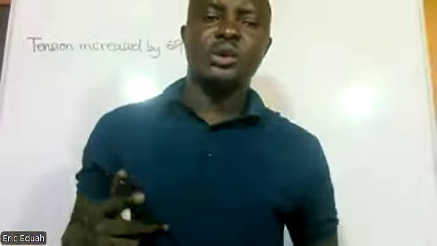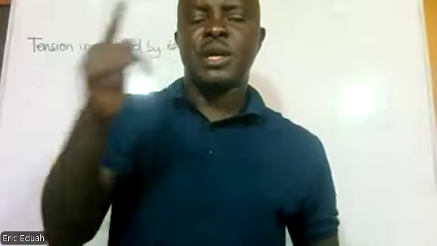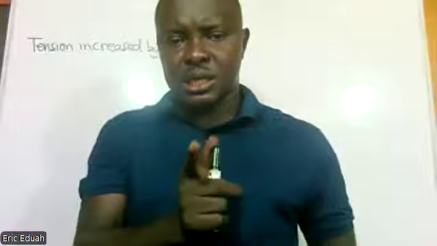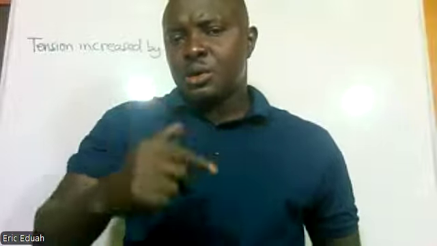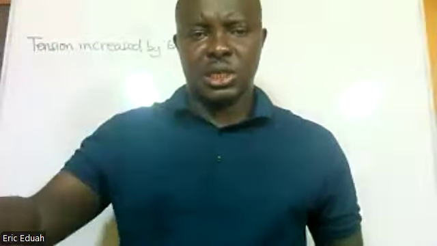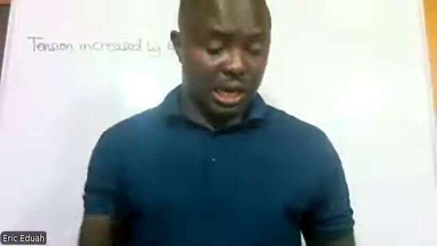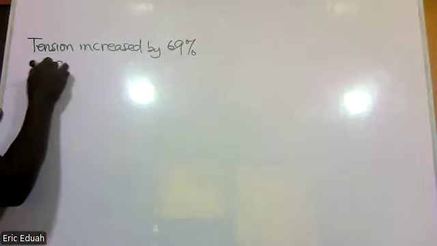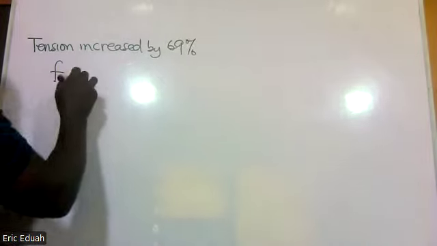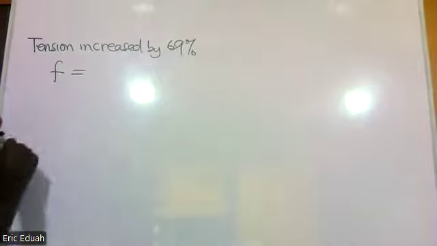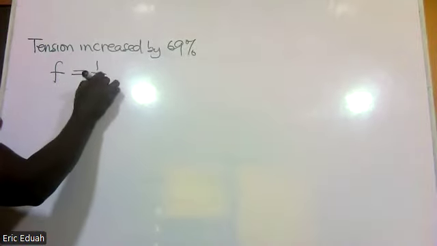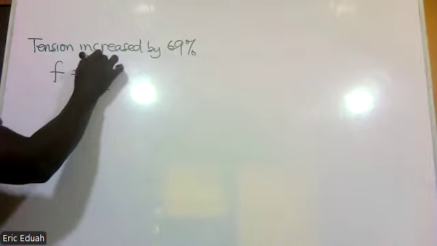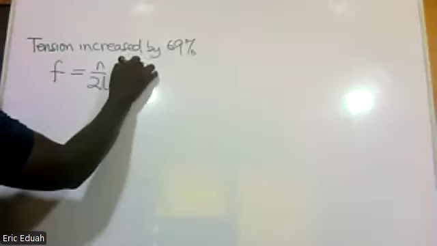So here the constant has to be the frequency and then the mass per unit length. We are changing the tension in order to change the length. Now we know F relates to 1 on 2L root of T on mu.